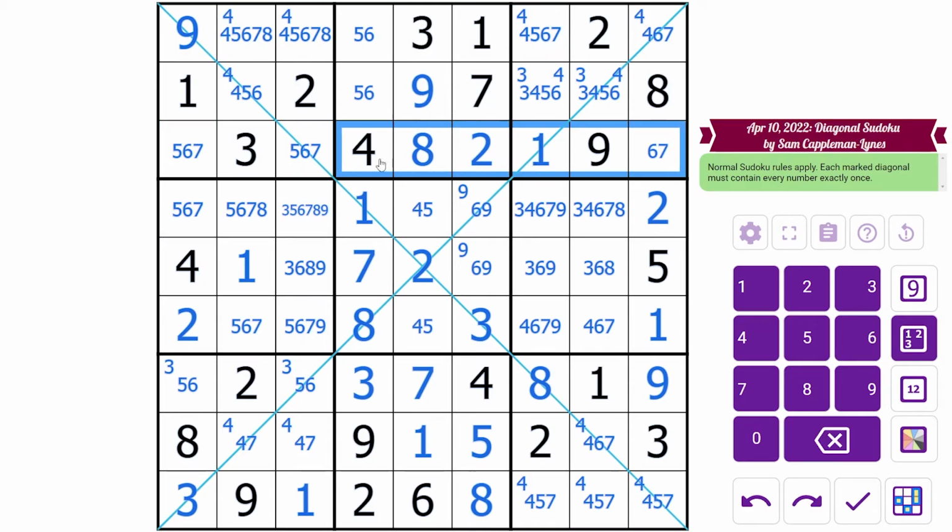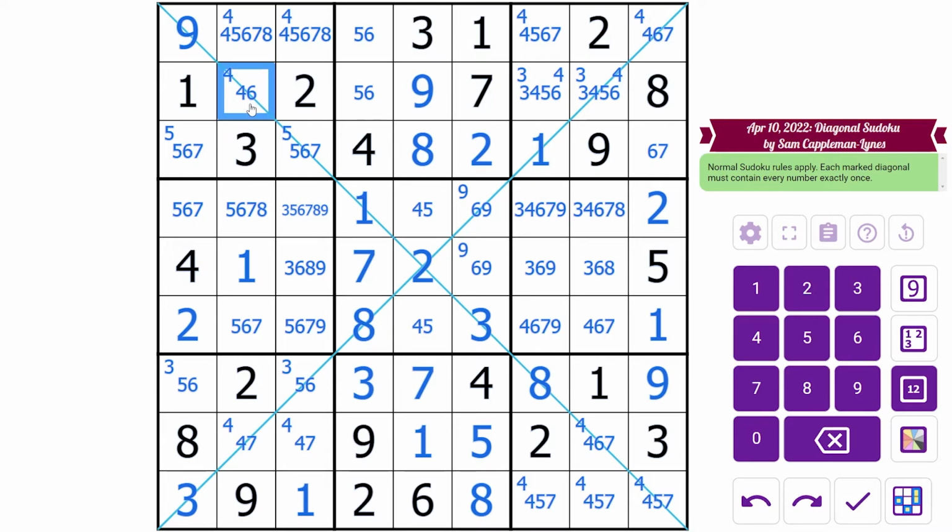5 in this row has to be in one of these 2 spots. And if it has to be in one of these 2 spots, that cannot be a 5.